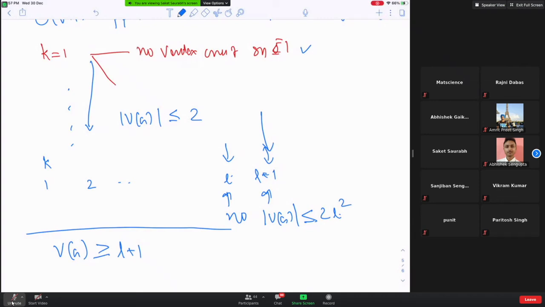So L plus 1 is the first integer for which it told me that there exists a vertex cover of size at most 2L square. So what can I conclude? Up until now, it has said no. It means I am guaranteed that the vertex cover size is at least L. This we are guaranteed.